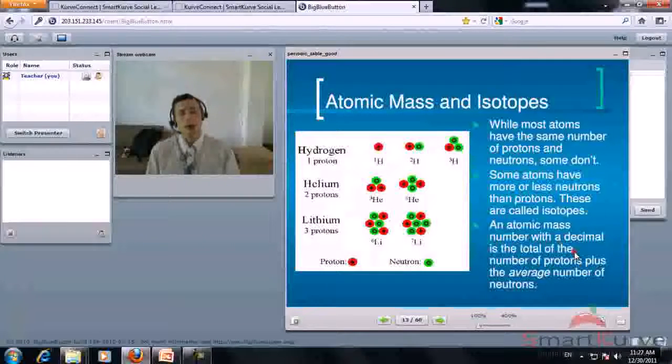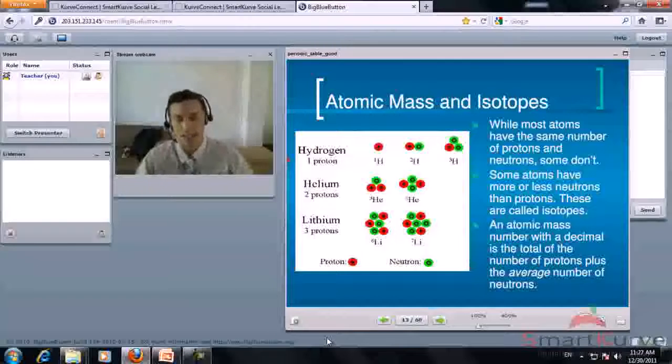Now remember, I told you that for an element like hydrogen or helium or lithium, the number of protons is always the same, but the number of neutrons can change. The number of neutrons is not always the same. You can see an illustration of this on slide 13.